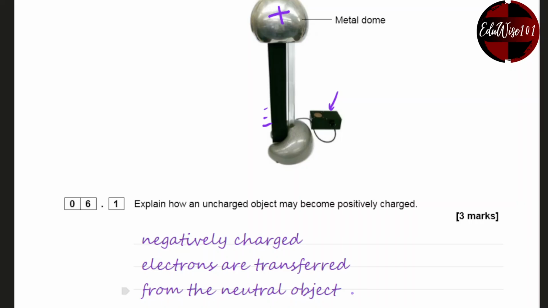You could complete it by saying to the belt, but here they are looking for the 3 marks. They're looking for, have you mentioned the negatively charged, and have you mentioned that it's the electrons that are transferred from the object, not to the neutral object.